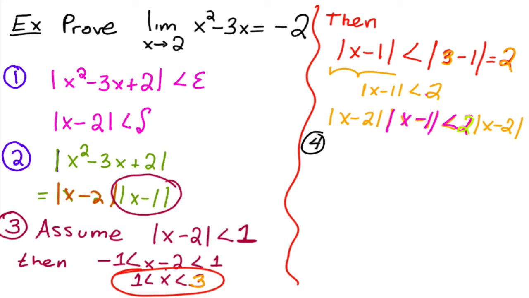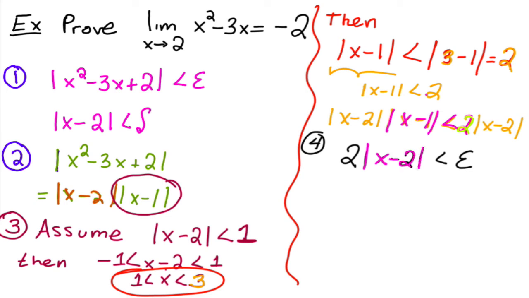Okay, so step 4 is to figure out what you want delta to be. So you grab your |f(x) - L| from the previous step, and you set that less than epsilon. And remember, what you do is you solve for |x - c|.